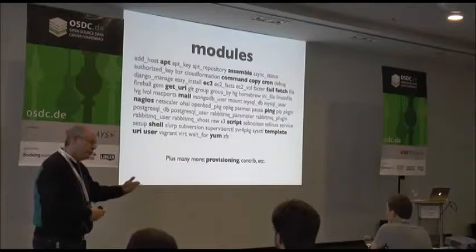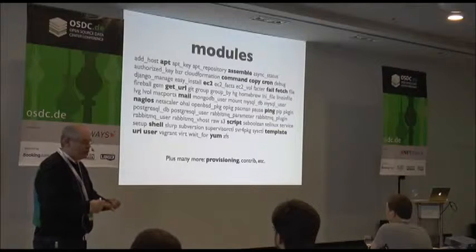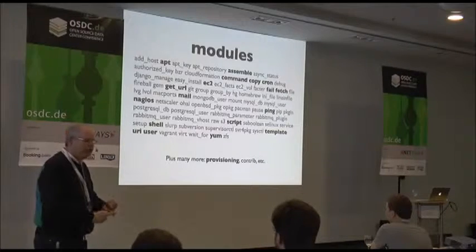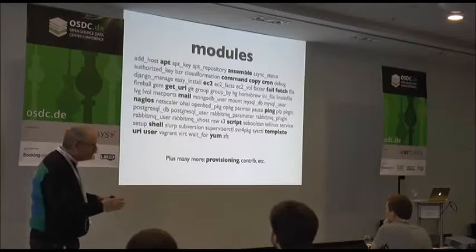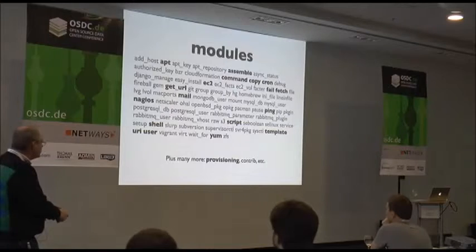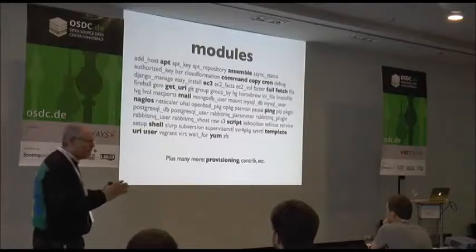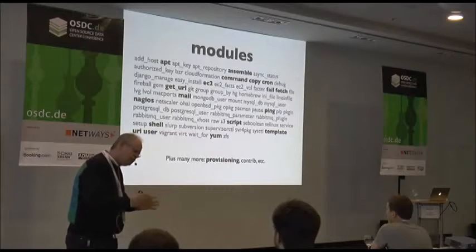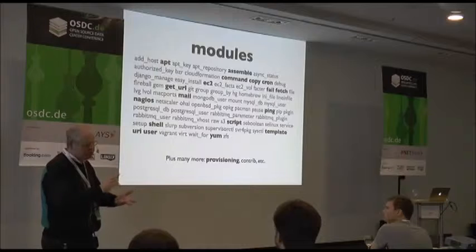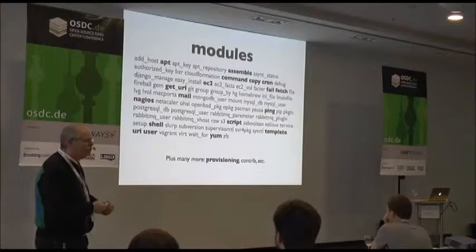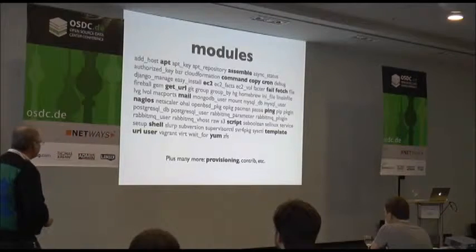If there's something you want to do on a remote node for which there is no module, you could either write a module, which is not particularly difficult, or if you think you can do it with a shell script or a Python script or a Perl script, whatever, you can run that through the script module. The script module takes a text file, transfers it to the other side, and runs an interpreter on that, be it /bin/bash or /usr/bin/python or Perl, etc. So that's quite nice.